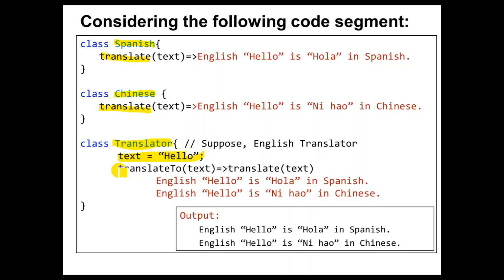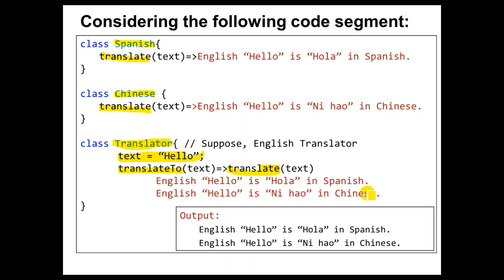Then this translate-to method will call the translate method of the Spanish and Chinese classes in such a way that it will show the translation in Chinese and in Spanish accordingly. You can see that the output is: English hello is hola in Spanish and English hello is ni hao in Chinese. Okay, so this is the story. If you have any confusion, you can pause the video and think a bit, and after that we can move on to the next slide.